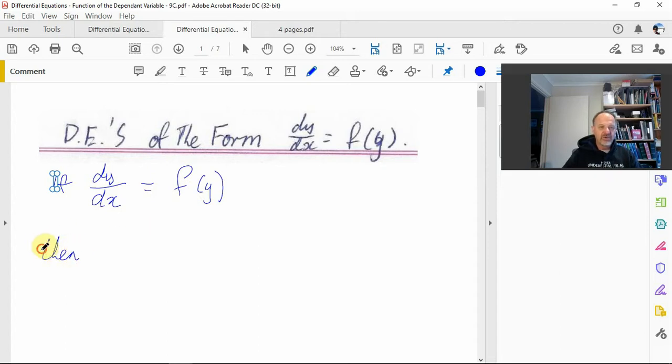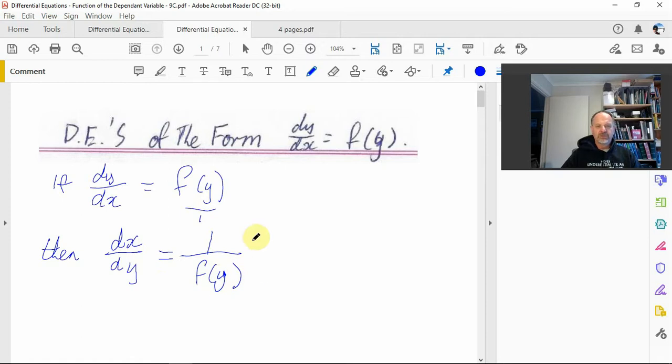We flip this over and say dx/dy, whoops, not dx/dx, dx/dy would be equal to, now we flip this one over. If we pretend and think of that as f of y over 1, it's 1 over our function in terms of y.